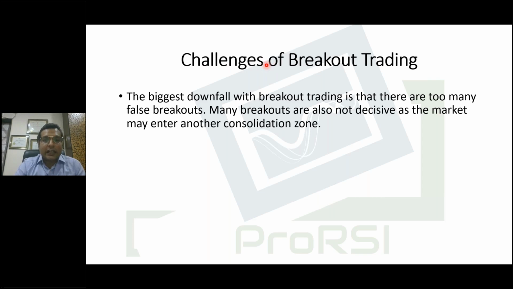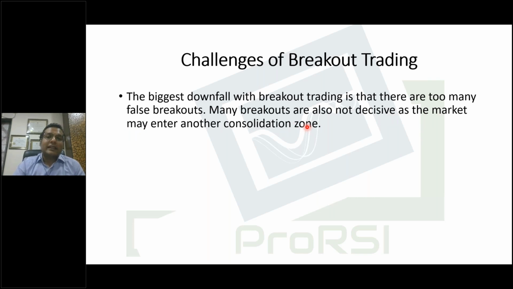The biggest challenge that we face while trading breakouts is that there are too many false breakouts. If you have been trading for a couple of years, you must have come across this challenge: most breakouts will trap you. They will be false breakouts, and many breakouts are also not decisive, as the market may enter into another consolidation zone.